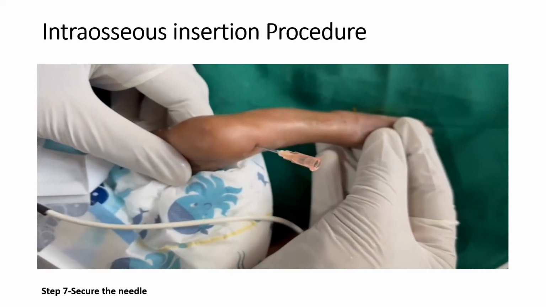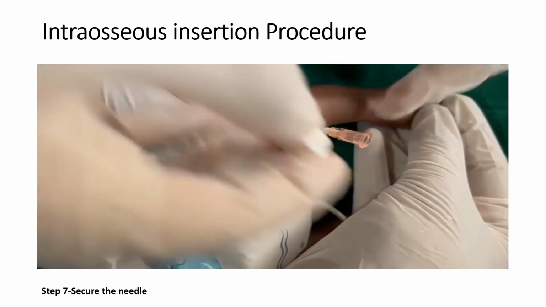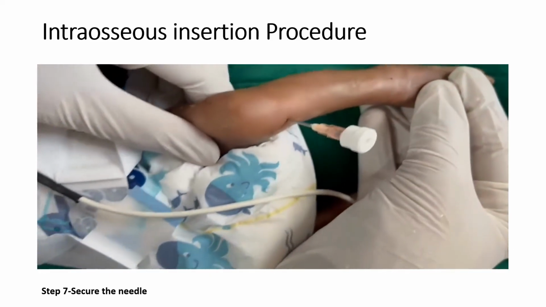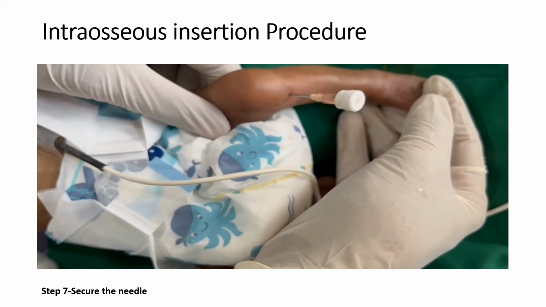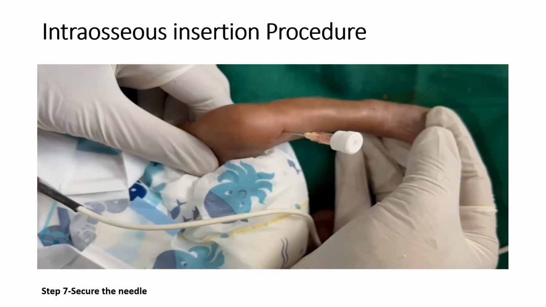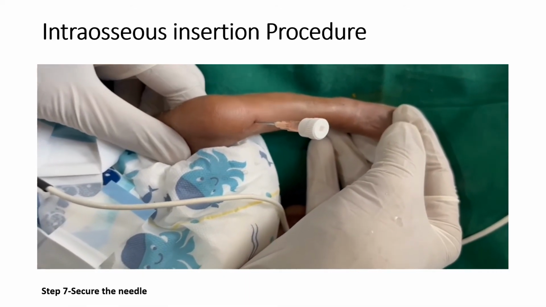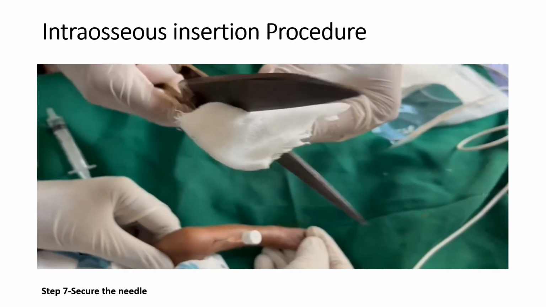So in this video you can see I am pushing the fluid by this IO needle, and we have to close with the cap. Then to secure the needle, we have to cut the gauze piece, a sterile, square shape, small size gauze piece.